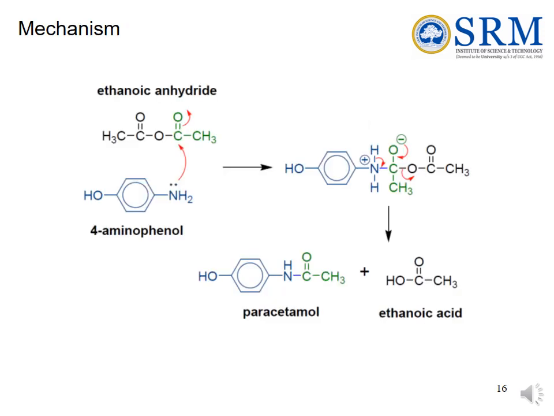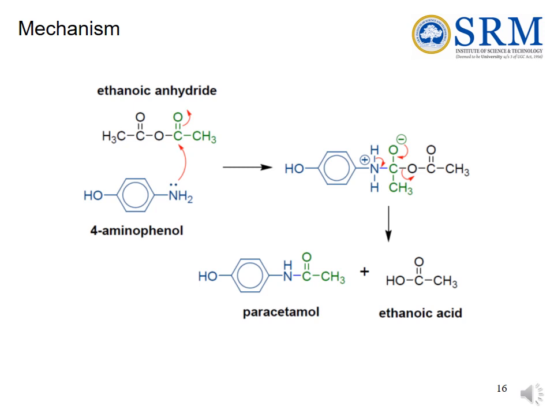The mechanism involved in the formation of paracetamol from its precursors, acetic anhydride and 4-aminophenol, is presented in this slide. Firstly, the lone pair of electrons on the amine of 4-aminophenol attacks the C=O bond of acetic anhydride, causing its cleavage, followed by the nitrogen getting a positive charge but regaining electrons by losing a proton.